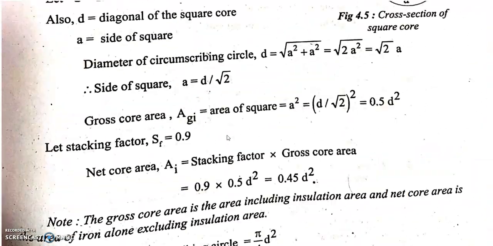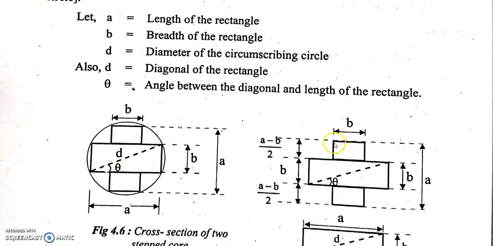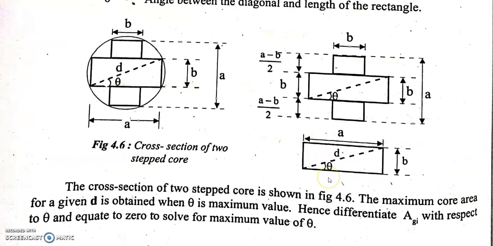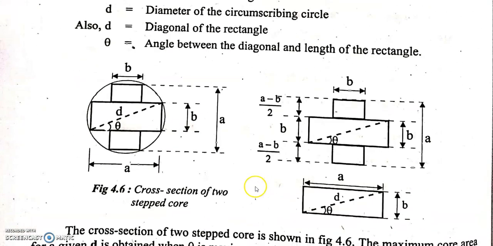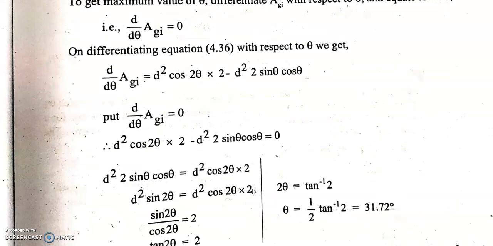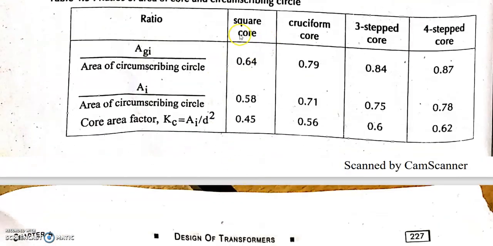So here in this lecture we have discussed square core and two-stepped core or cruciform core construction, and then we have made a comparison between the different types of core construction, and we have concluded that as the number of stepping is increased in a transformer core, the core utilization will be increasing.